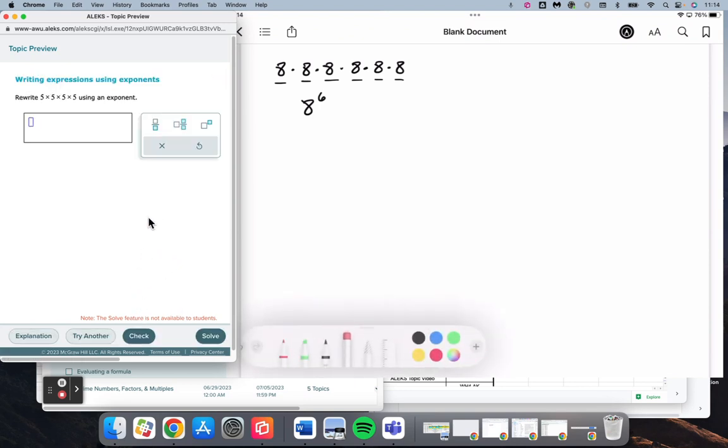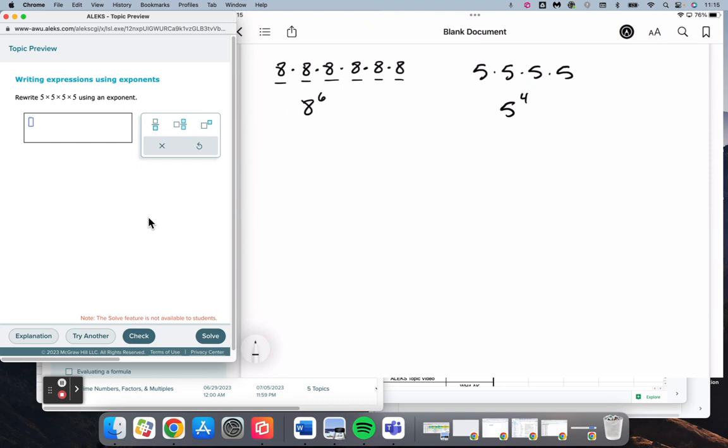This time, we've got 5 times 5 4 times. So 5 times itself 4 times, we have 5 multiplied by itself 4 times. Now again, that is not the same as 5 times 4. 5 times 4 is 20.